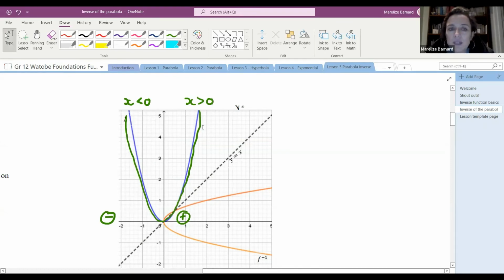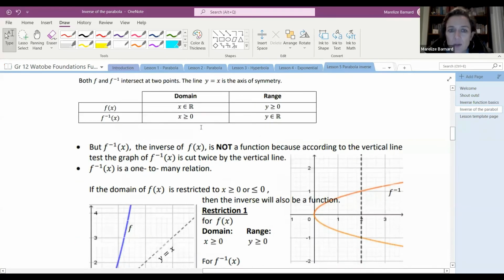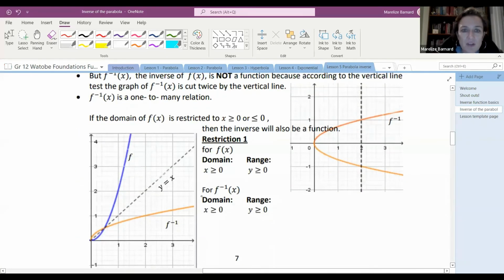So that's what it means for the domain restriction. So we say, restrict the domain where x is greater than 0. So that's where all the positive values are. And that means our domain for our inverse function is going to be all the positive x values as well.